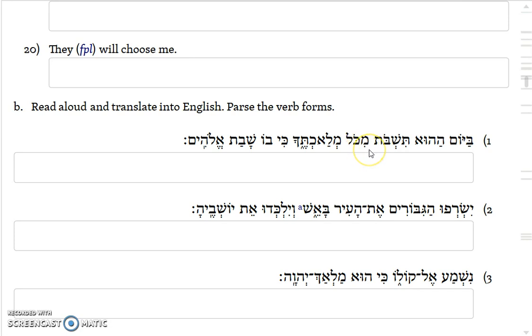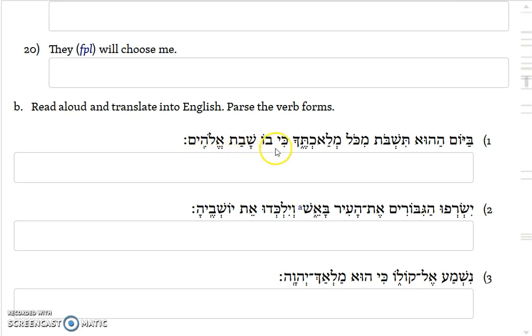Mikol, that's the preposition min attached to kol, which means all. You will rest from all, and then you have melachtecha, that's rest from all your labor or occupation. Ki, because, bo, in it, shabbat, rested God. God rested.